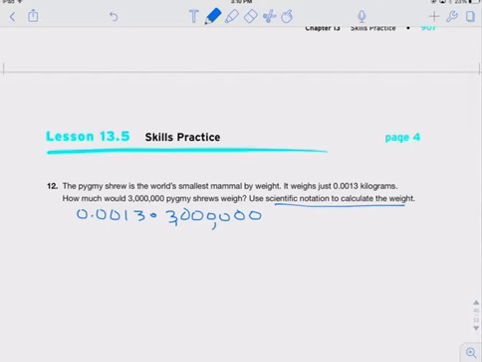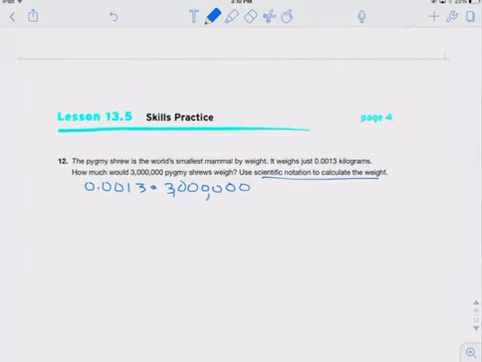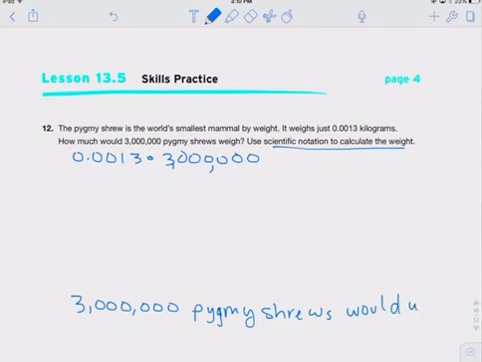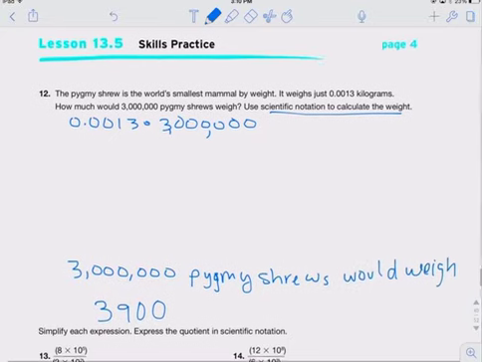Okay, so how much would 3 million pygmy shrews weigh? 3,900 what? Pounds or kilograms, huh?